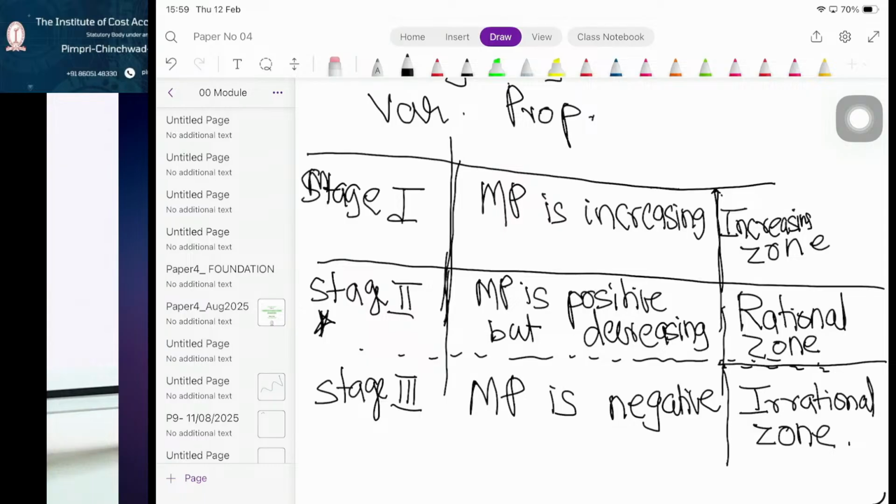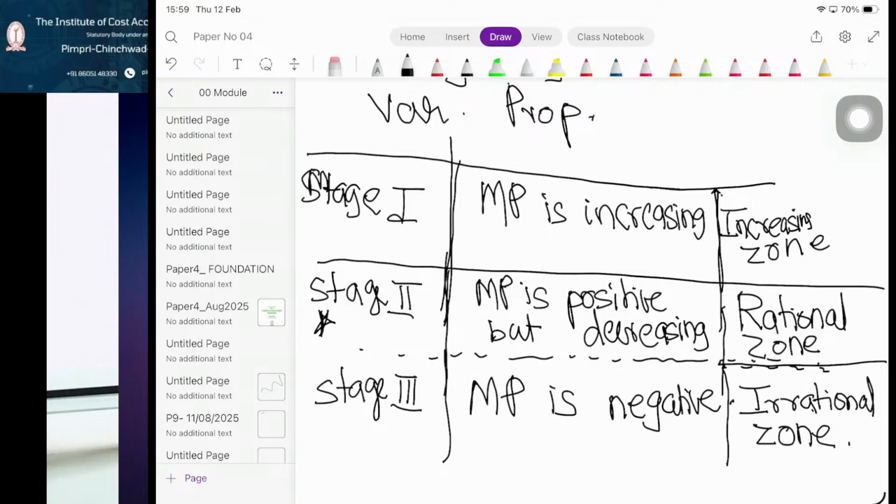Rational zone means marginal product is positive but it is diminishing. And stage 3, marginal product is negative, it is also called the irrational zone.